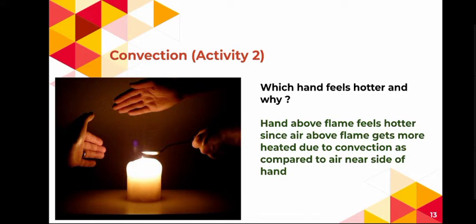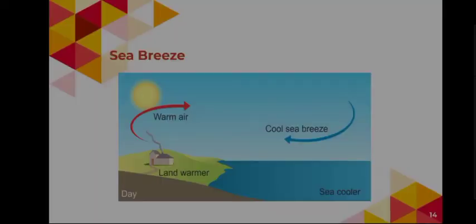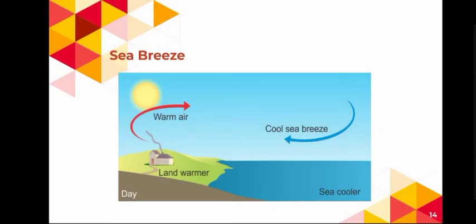The people living in the coastal areas experience an interesting phenomenon. What is it? During the day, the land gets heated faster than the water. The air over the land becomes hotter and rises up. The cooler air from the sea rushes in towards the land to take its place.